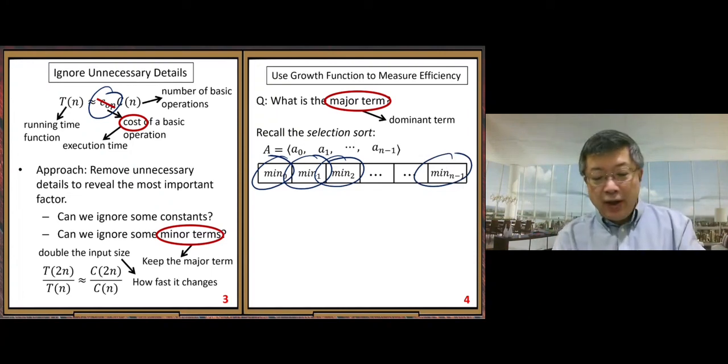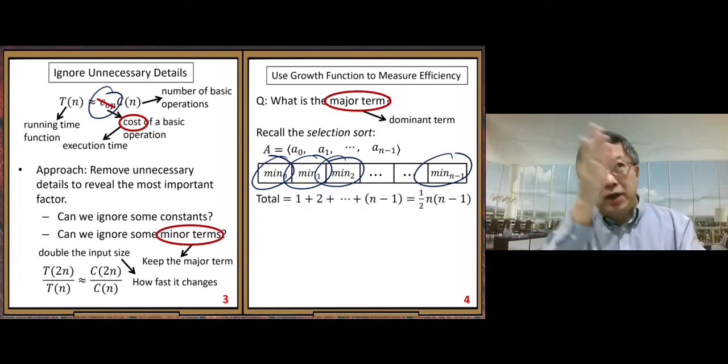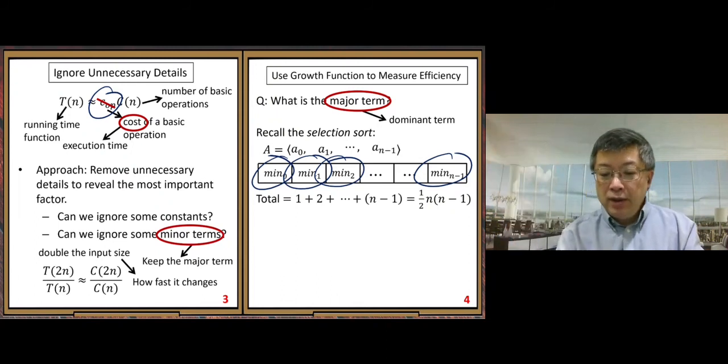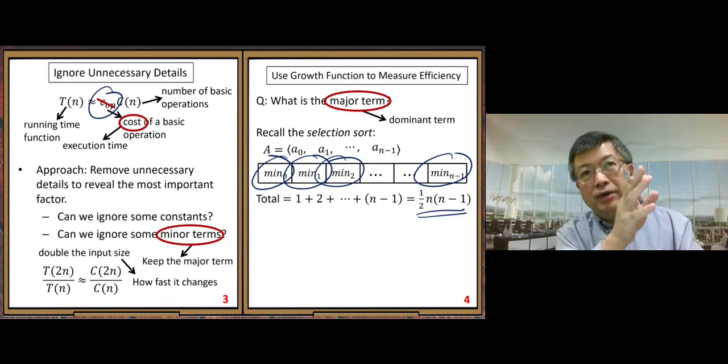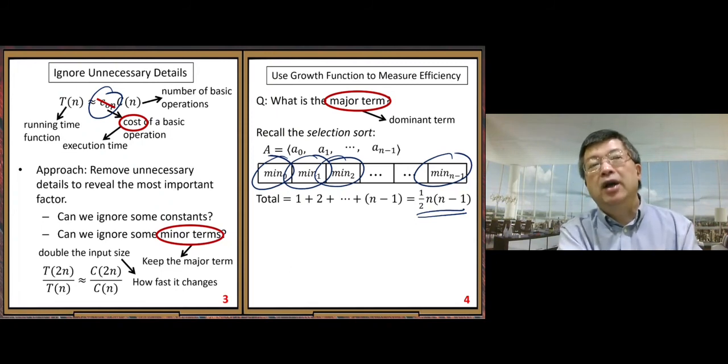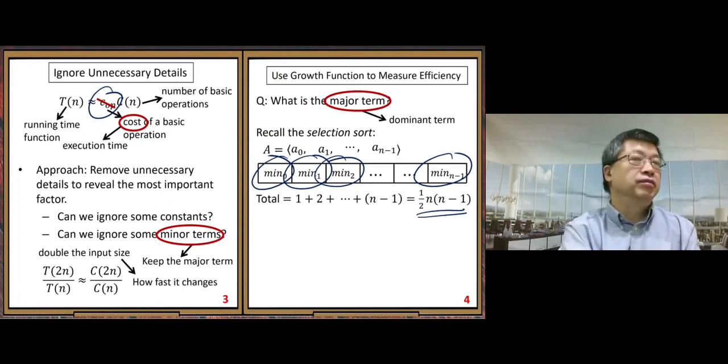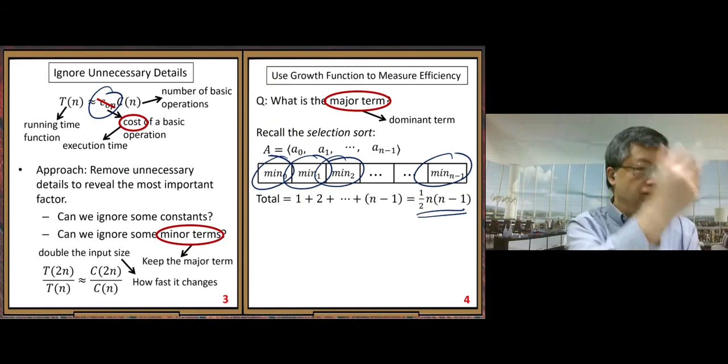And the basic operation counting number is this many. At that time, I asked you to think about the best case, worst case, and average case. Here, I give you the answer. Compare with your own thinking.